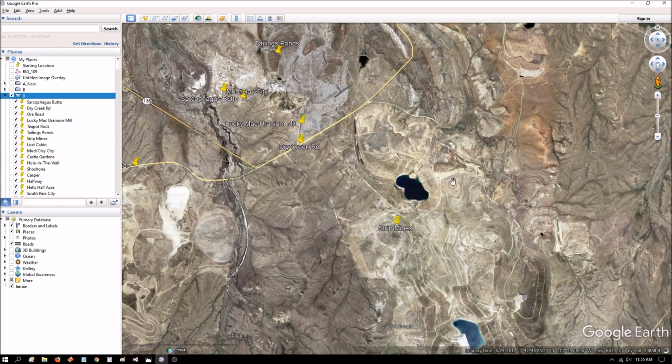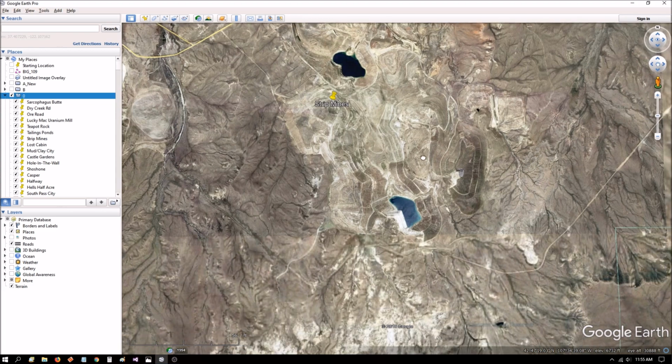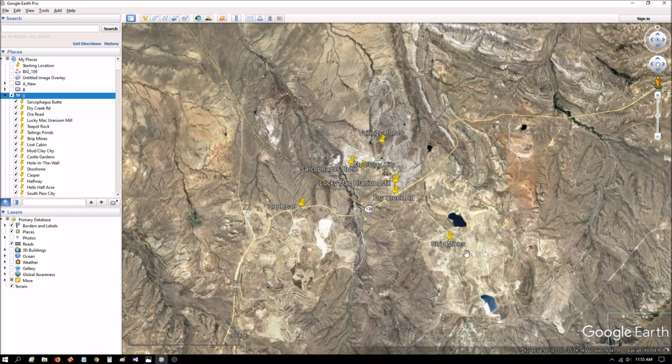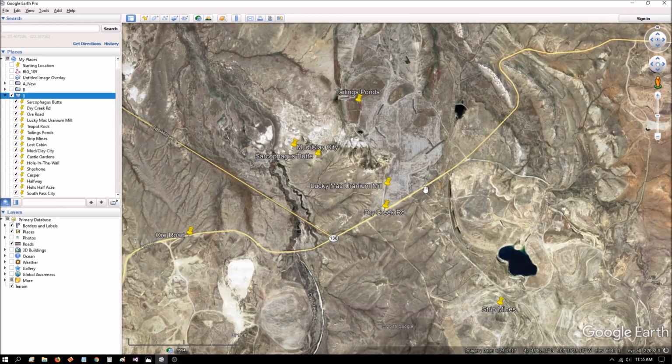The mines themselves were all here. This used to be kind of mountainous, but they strip mined it, so the mountains are gone. But the mines were here, tailing ponds were here, and we have Ore Road, which turns into Dry Creek Road. At the end of Gas Hill Road is where the mill was.